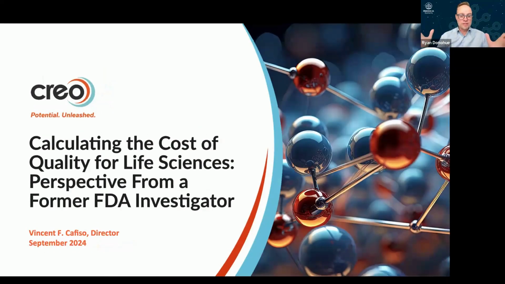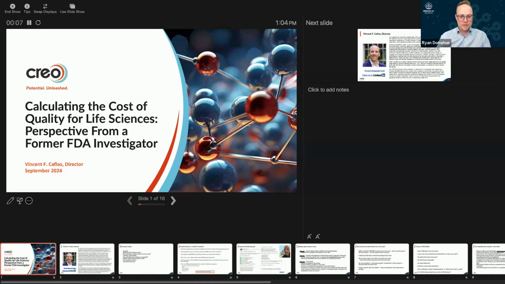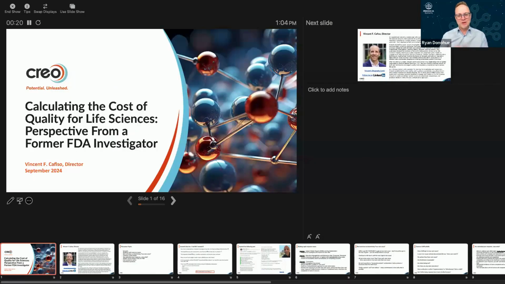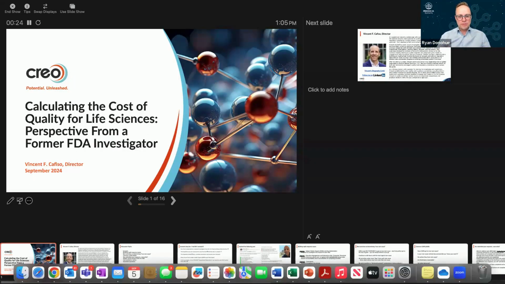That obviously rang a bell with me because we're talking about this constantly here at Redica with our customers, trying to help them understand how to potentially avoid 483 observations. Most likely you're not going to completely avoid a 483. Obviously that's the goal, but what can you do to limit the amount of observations you get, and how can you use data to help with that?